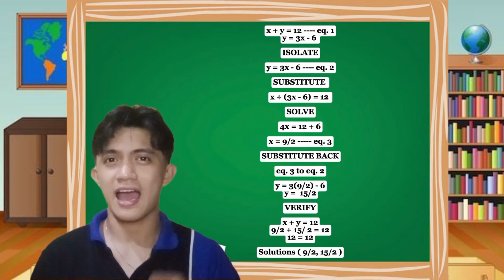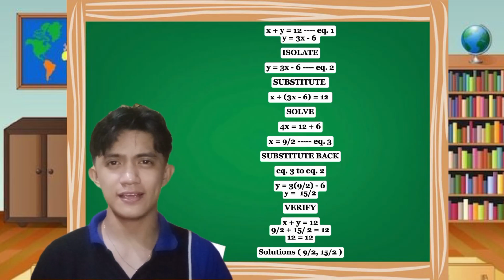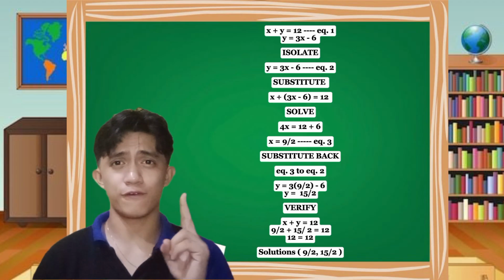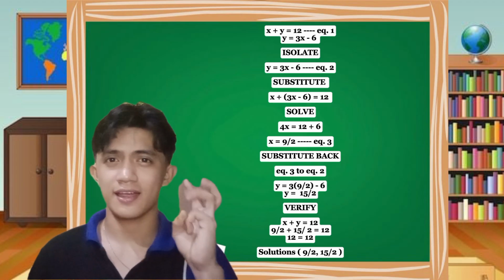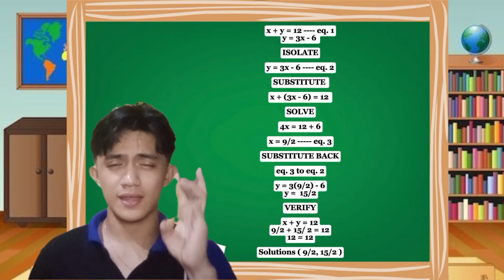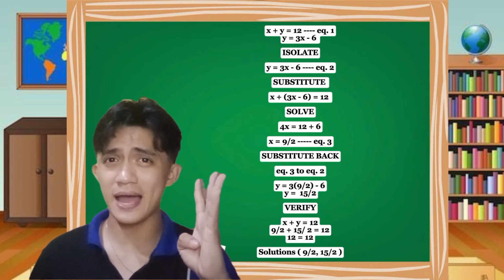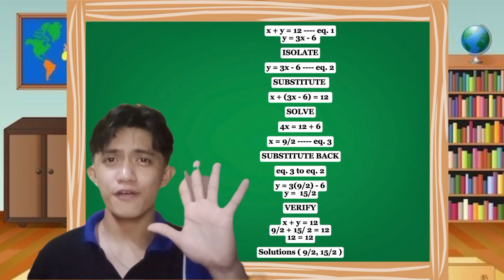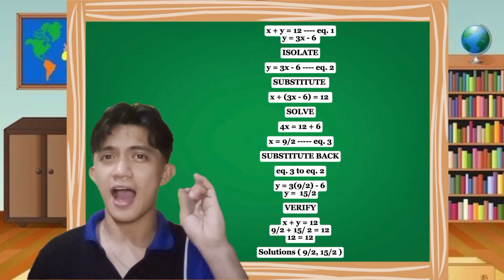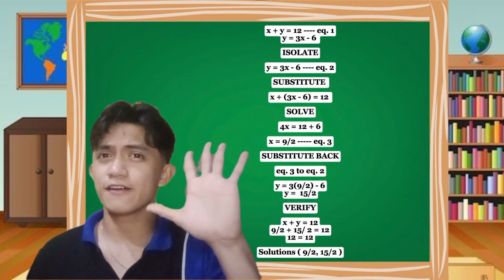ISSSV. I for isolating, S for substitute, S for solve, S for substitute back, and V for verify.